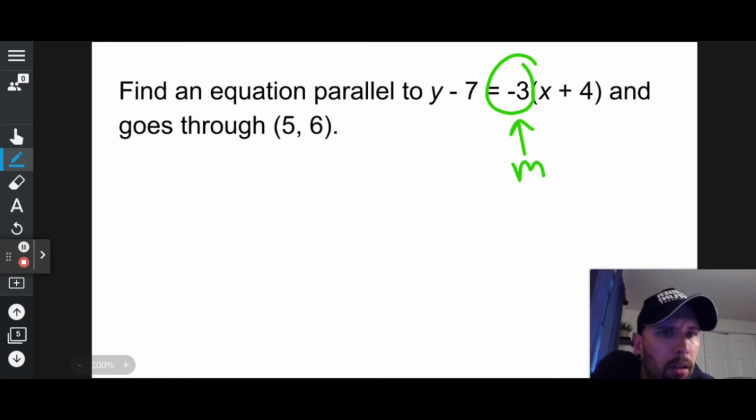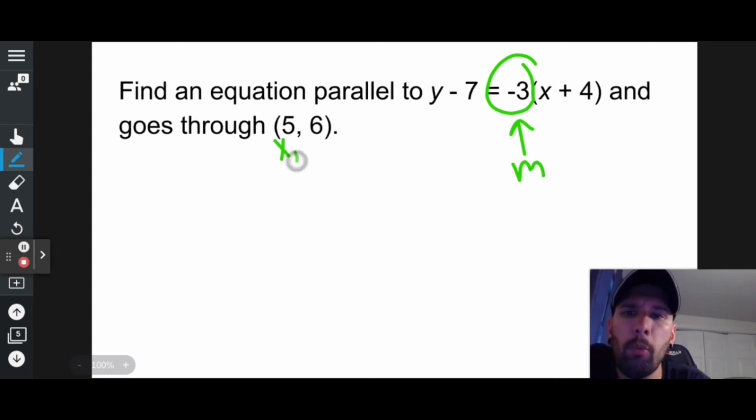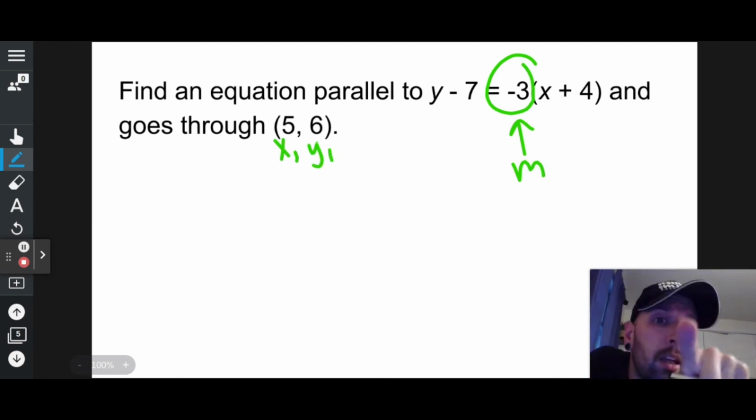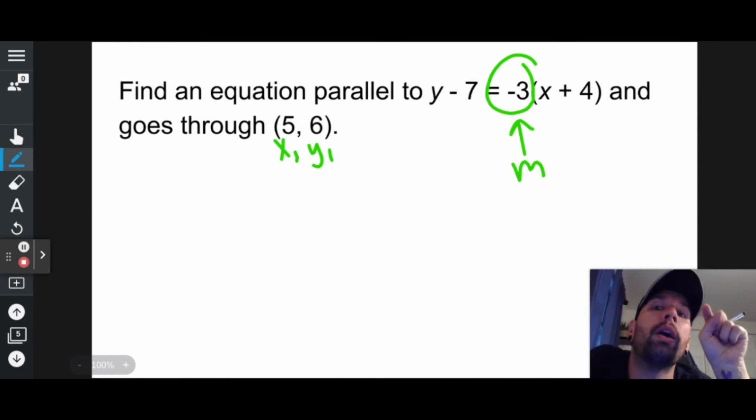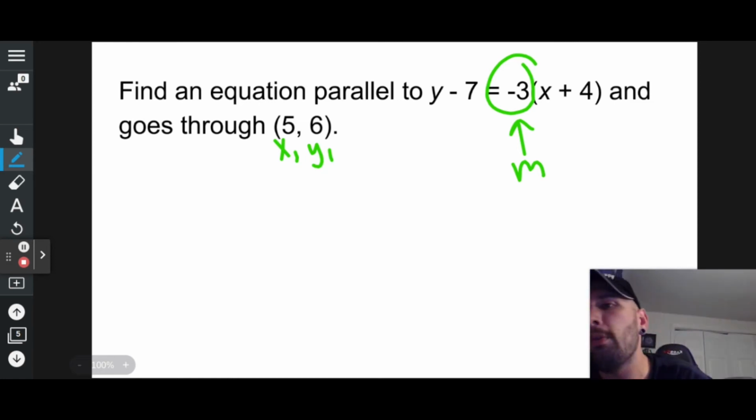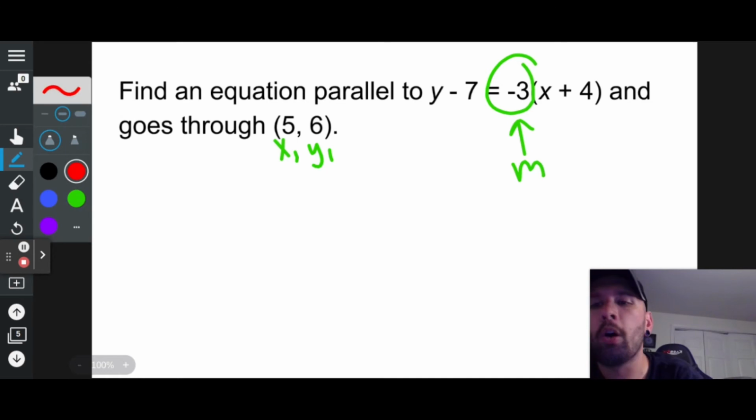And that's a point. So I needed a slope, and I'm given a point. I'm going to use point slope form again. So I'm going to label my point x sub 1, y sub 1. So again, I'm given a point, and I need to find a slope, so I'm going to use point slope form. What's point slope form?